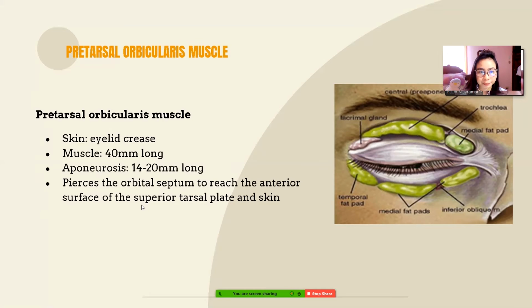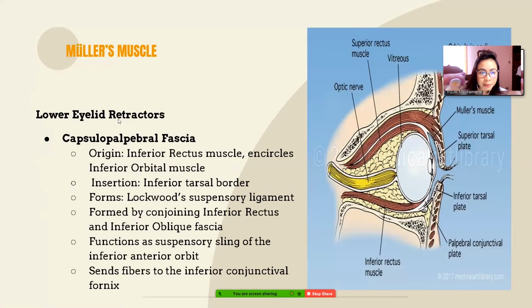We have the Müller's muscle and the lower eyelid retractors. The capsulopalpebral fascia, origin of this is the inferior rectus muscle, which encircles the inferior oblique muscle. Insertion is the inferior tarsal border and forms the Lockwood suspensory ligament, formed by conjoining inferior rectus and inferior oblique fascia.